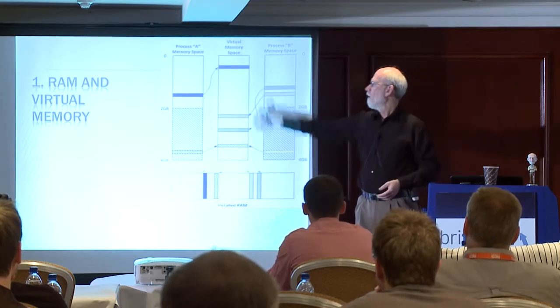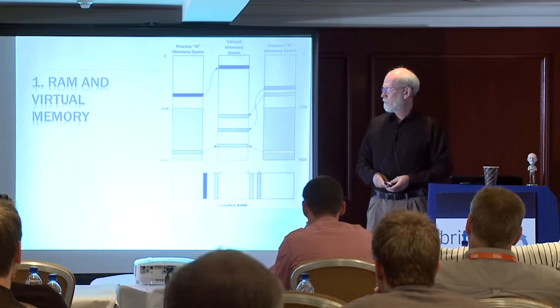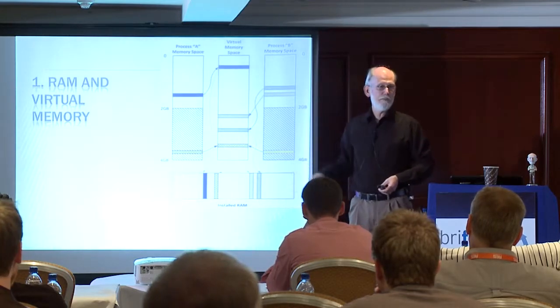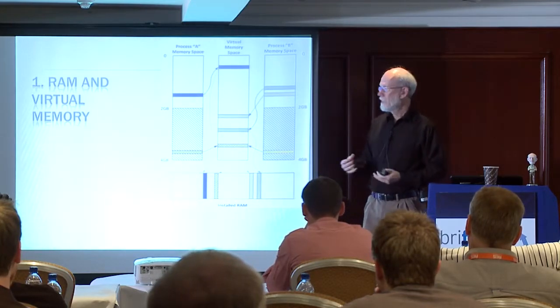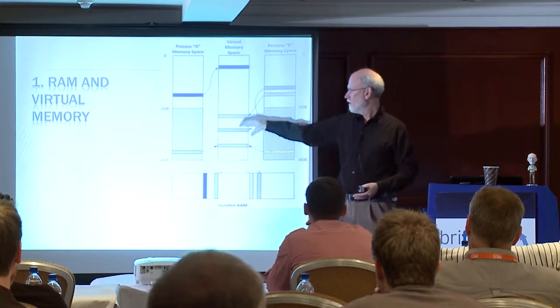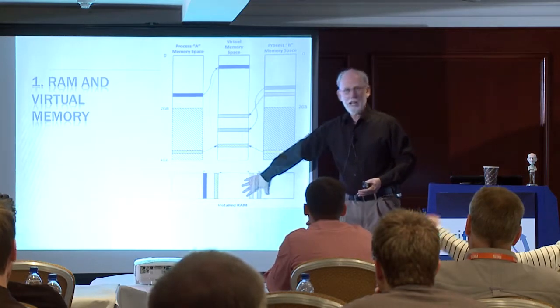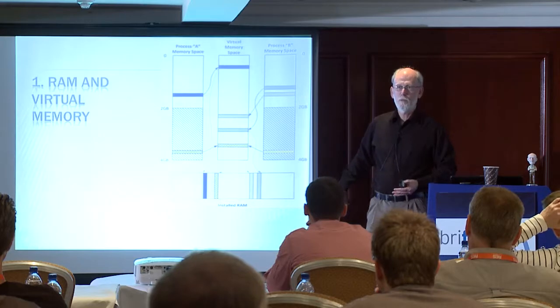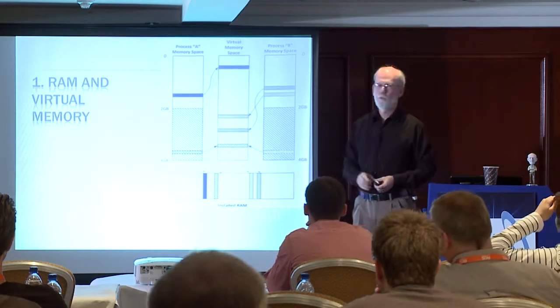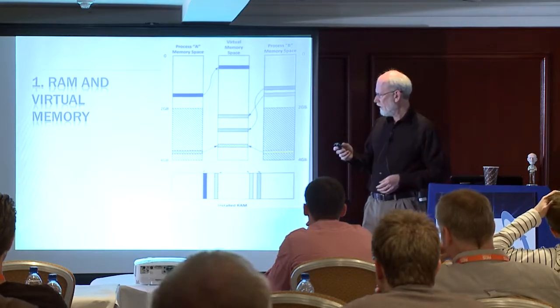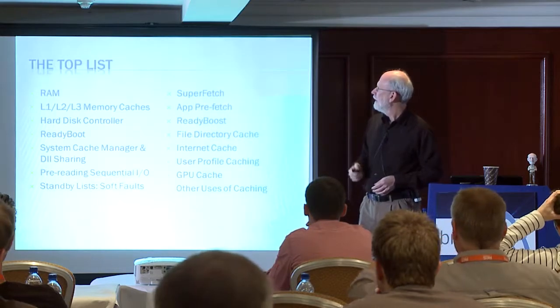We can have a 4 GB process space and only have 2 GB of RAM installed. That's okay. If we start using up too much, instead of being in RAM, it'll get pushed out to a page file somewhere. But it'll still exist in virtual memory space. Okay? So that's our first entry.